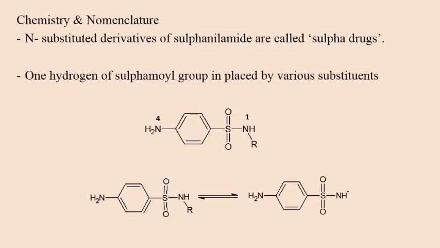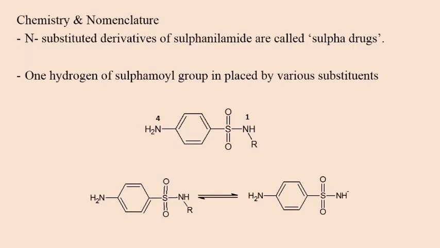Now why do these drugs produce crystalluria? The answer lies in their pKa value. The pKa value of generally all the sulfonamides which are not substituted is around 10.4.